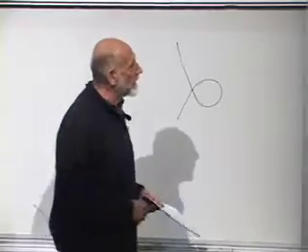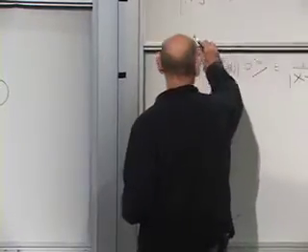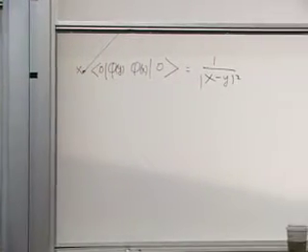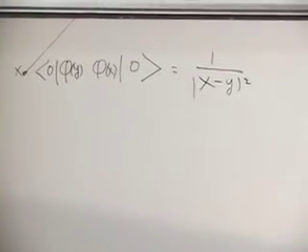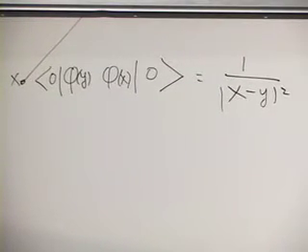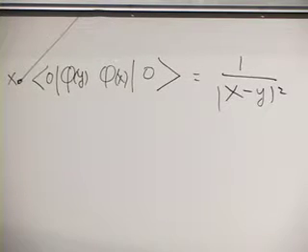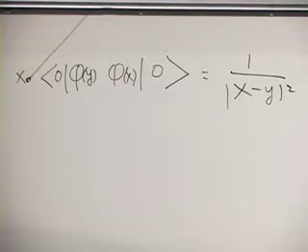Where did I write the propagators? Did I erase them already? No, here it is. It's just 1 over x minus y squared. But x and y are the same point in this problem. Well, maybe they're not exactly the same point. Maybe I'm blurring distinctions down to what's called a cutoff scale, some very, very small distance scale.